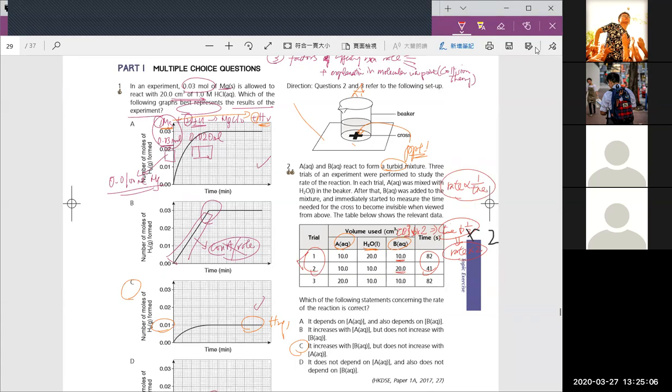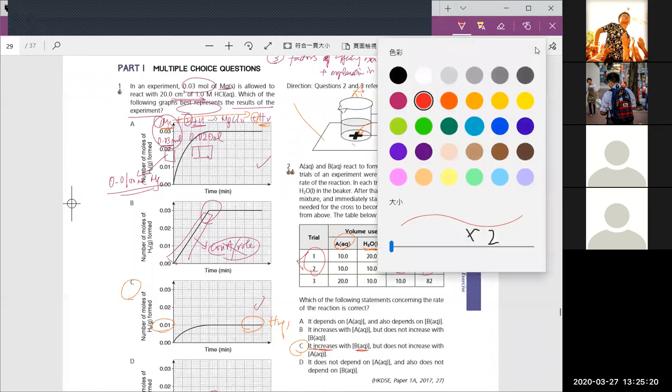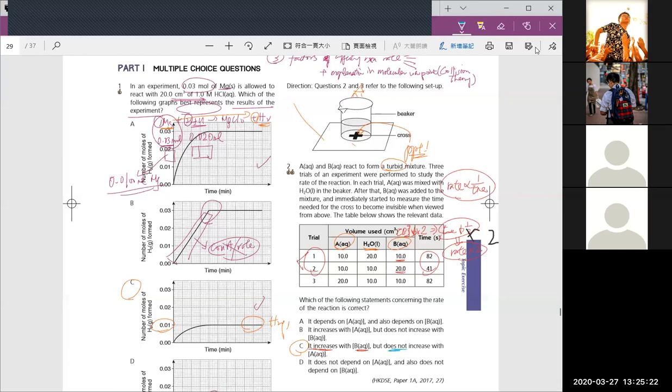By doing so, you may find that the change in concentration of B would affect the reaction rate. How about the concentration of A? If this changes, would it affect the result? The answer is no, right? The rate does not increase with A concentration. The way to compare is with two data sets, that is 1 and 3.